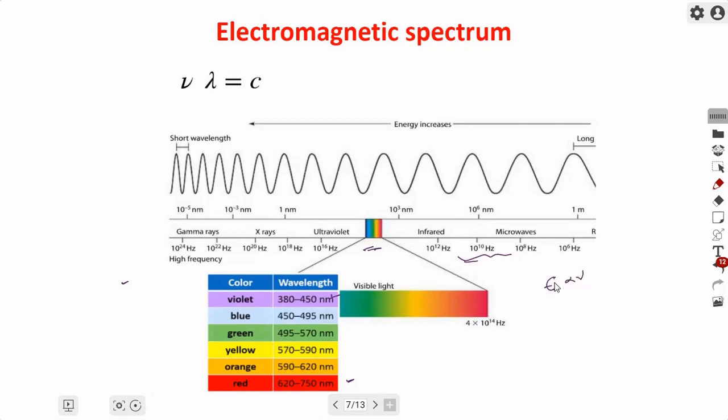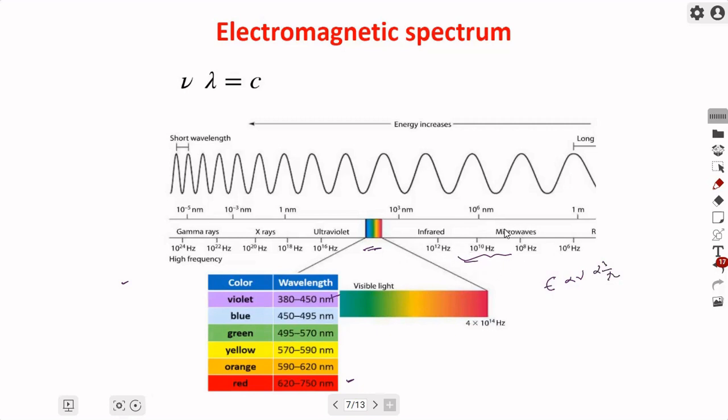I will explain everything later, but right now, just take it as a statement that the energy of an electromagnetic wave increases with its frequency, and it is inversely proportional to its wavelength.